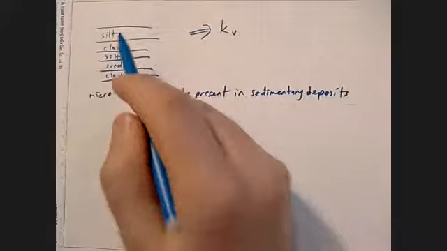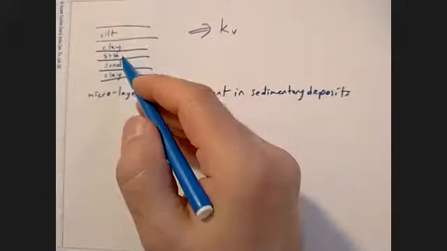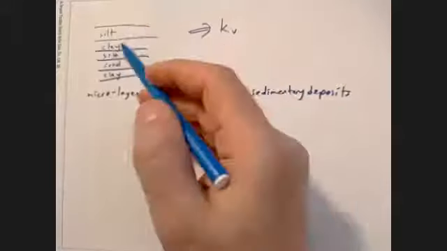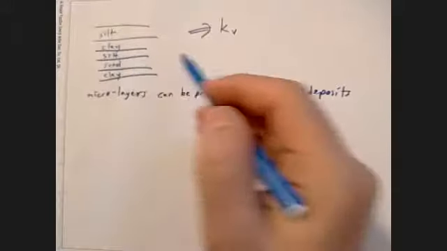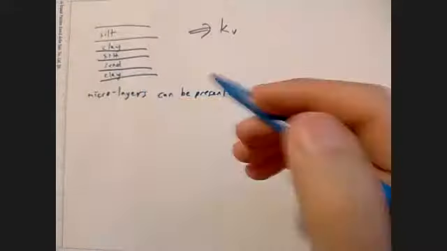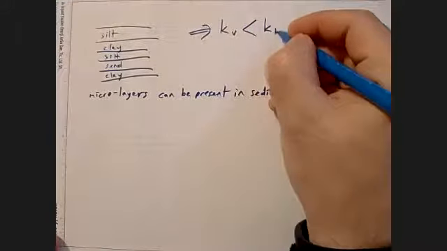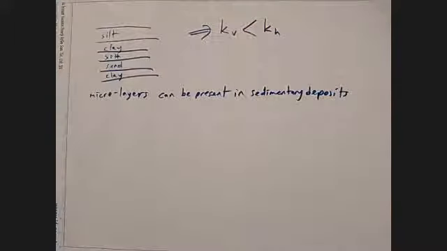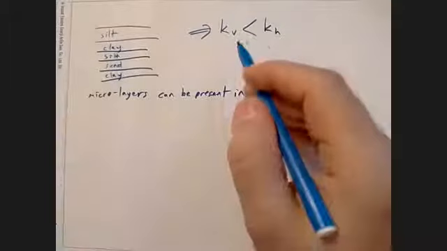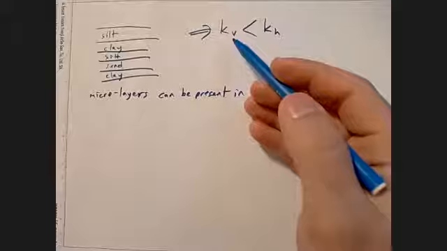The others won't matter because sand is like 1,000 times more conductive than silt, which is 1,000 times more conductive than clay. So everything will be very close to the hydraulic conductivity of the sand. So the vertical permeability can be much smaller than the horizontal permeability.